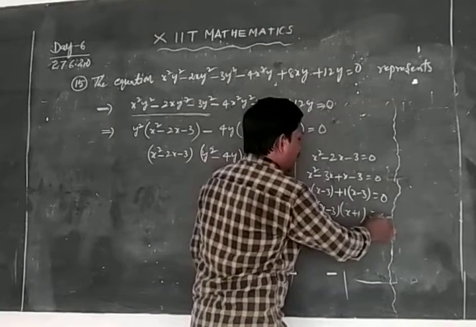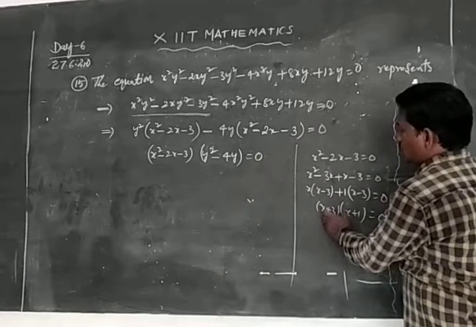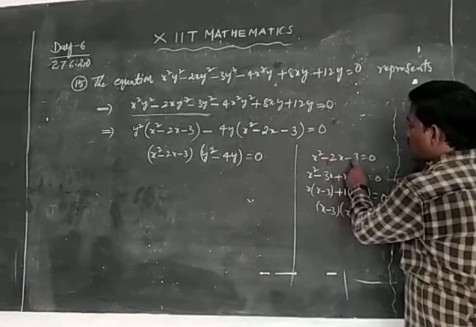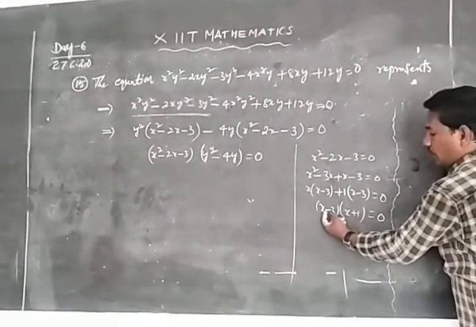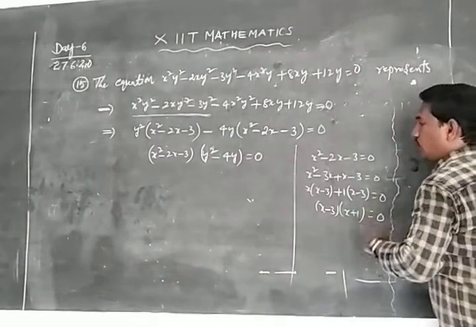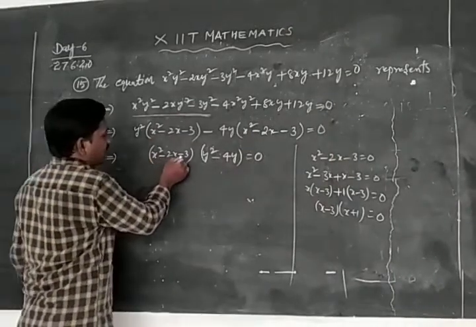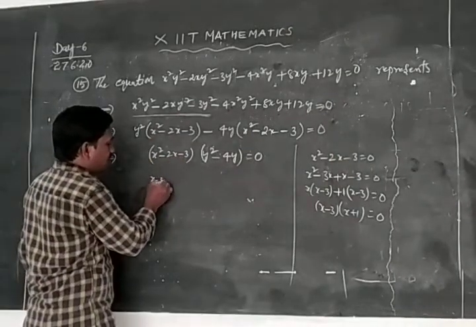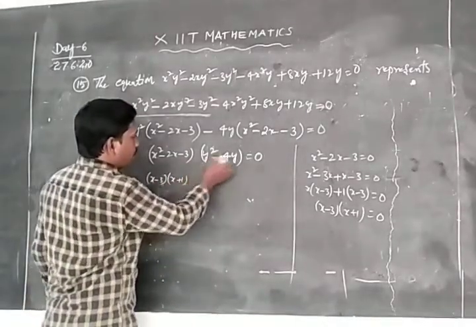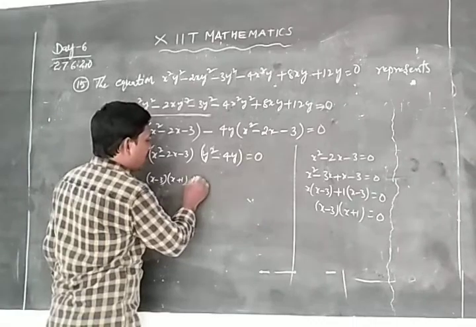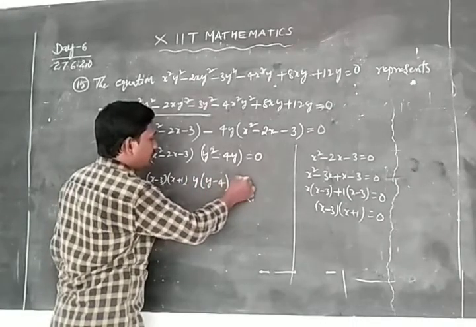So x square minus 2x minus 3 is the product of two expressions, x minus 3 into x plus 1. Write in the place of x square minus 2x minus 3, x minus 3 into x plus 1, and this is, take common y, y into y minus 4 equal to 0.